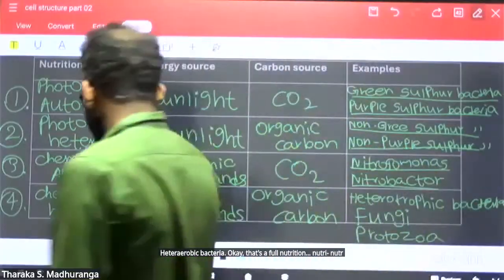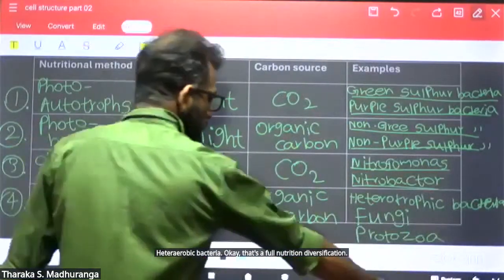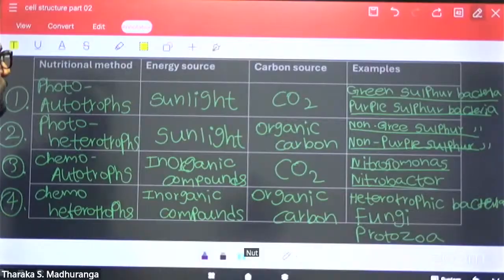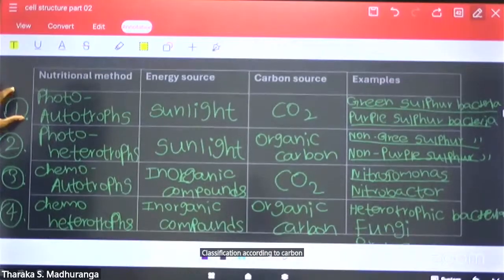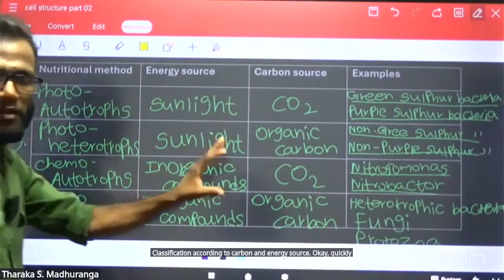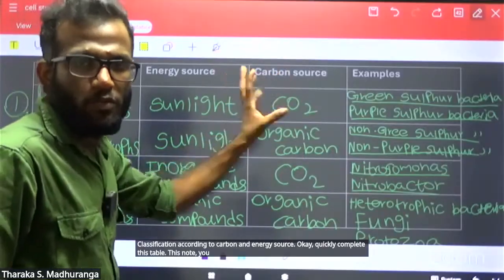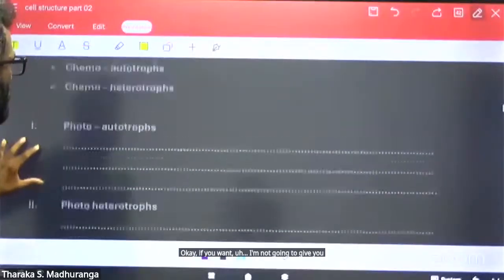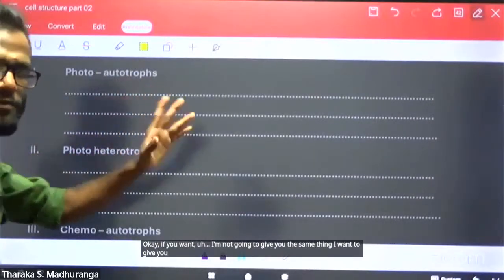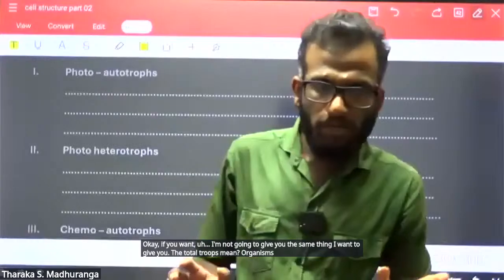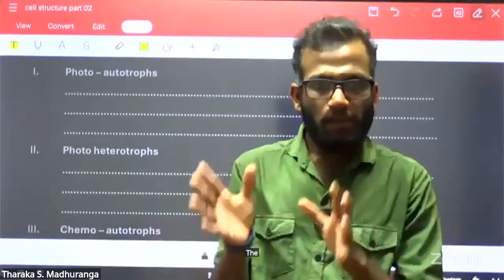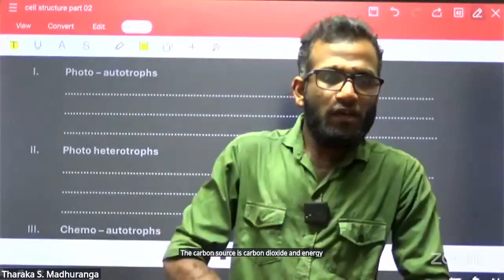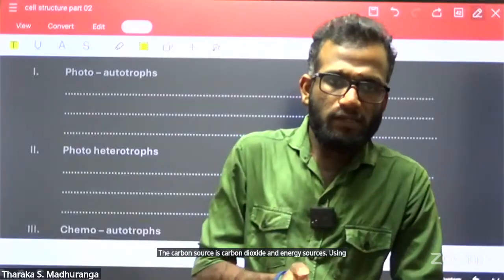Okay, that's the full nutrition diversification, classification according to carbon and energy source. Quickly complete this table. You can prepare notes on your own. For autotrophs, the carbon source is carbon dioxide and the energy source is sunlight.